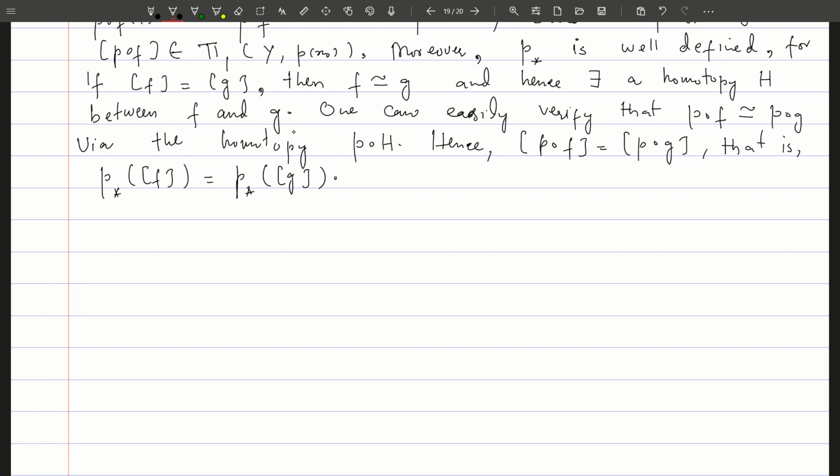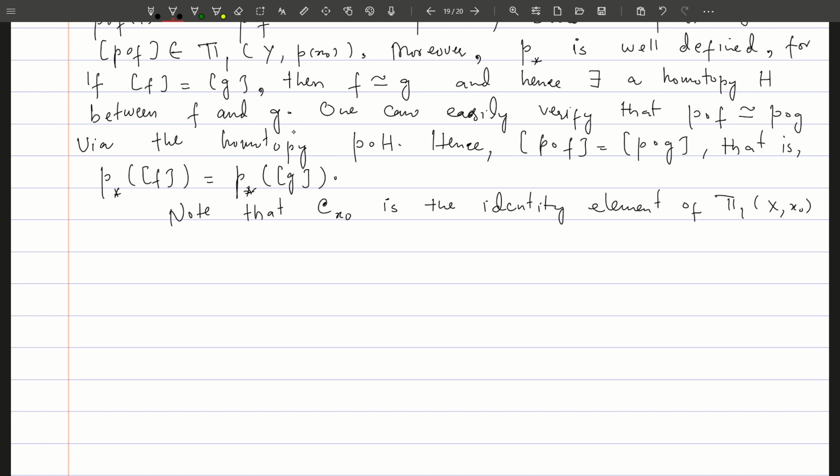Now to prove this P star is a homomorphism, first we'll show that it preserves the identity element, i.e. it takes the identity element to the identity element. So note that c sub x naught is the identity element of this group pi 1 X x naught.